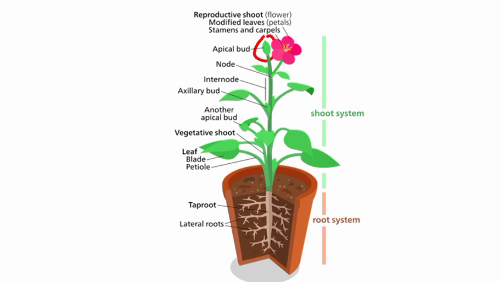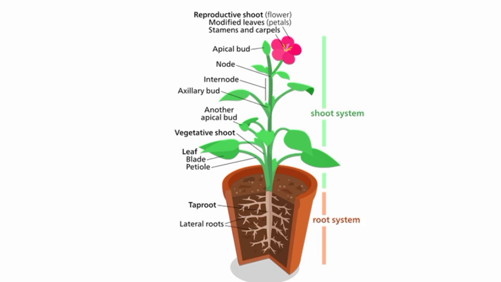The bud at the tip of the stem is known as the apical or terminal bud, and the buds at the axils of the leaves are called axillary buds. You can observe all the parts given in the figure.